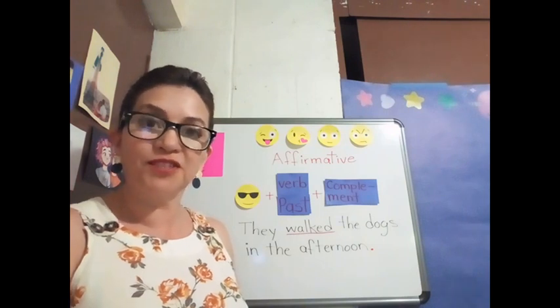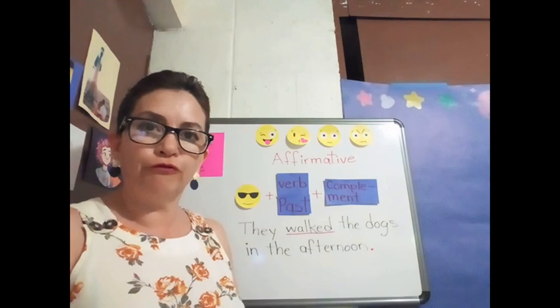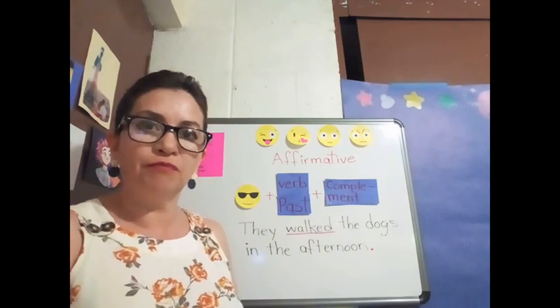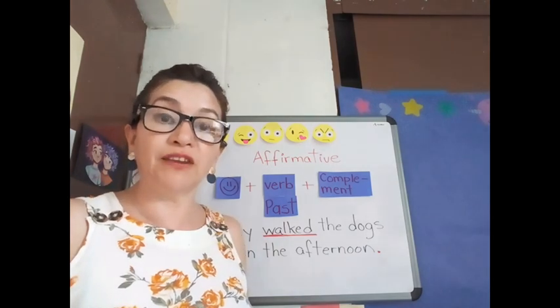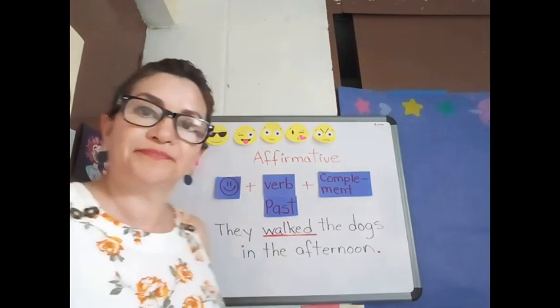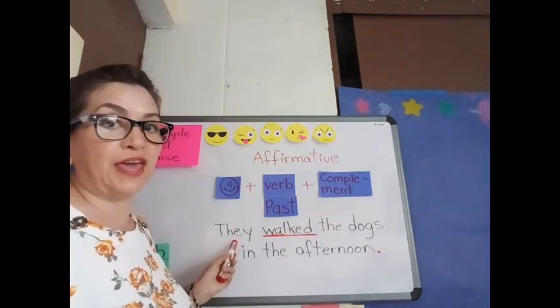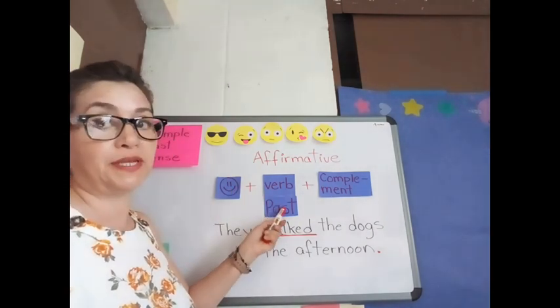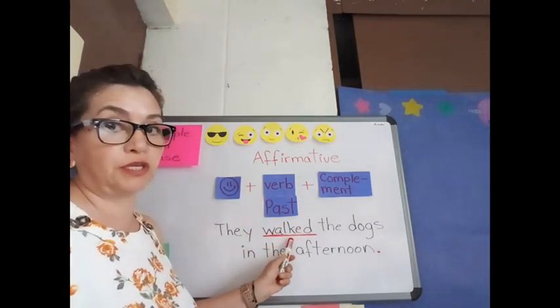Very well, let's continue. Now with the affirmative form of the simple past tense. And this is how we make an affirmative sentence. First, the subject, they. The verb in simple past form, they walked.